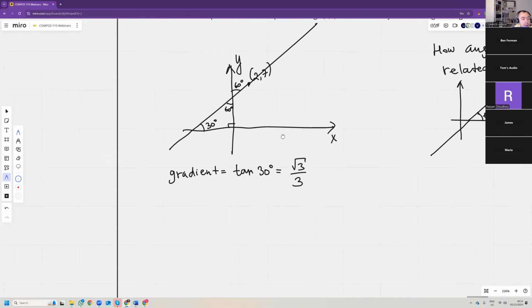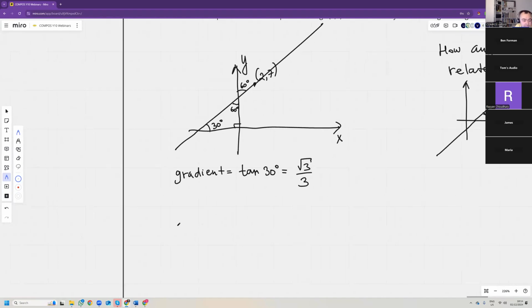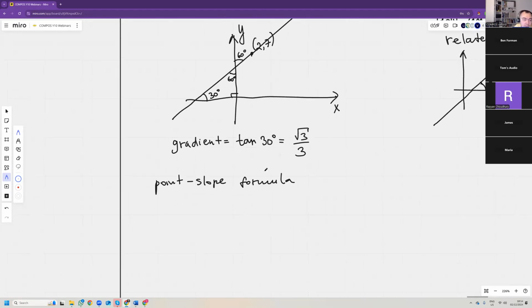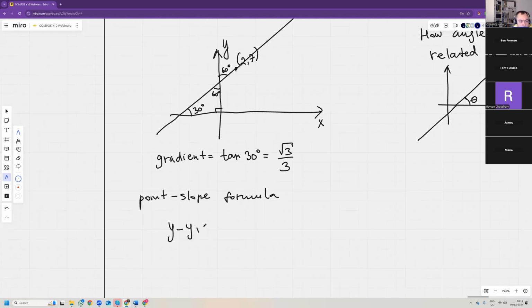Okay. And then we have a point. So we use the point slope formula, which is y minus y1 equals m(x minus x1). And that is y minus 7 equals root 3/3 (x minus 2).